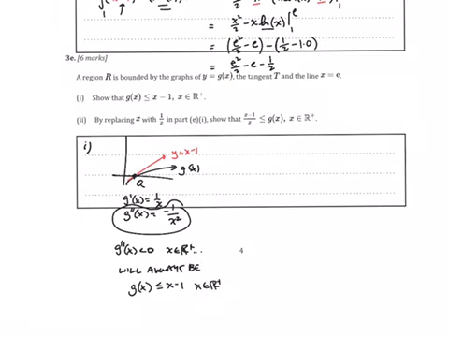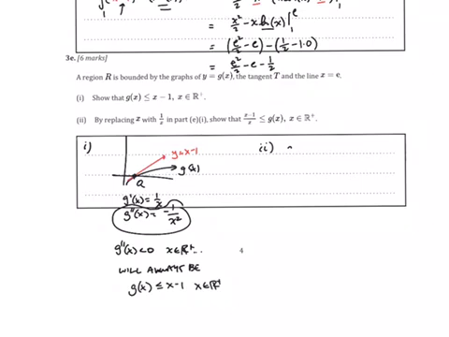Okay, cool. So by replacing x with 1 over x in part E, part I, let's do this quick. For part 2, we're going to replace x with 1 over x.